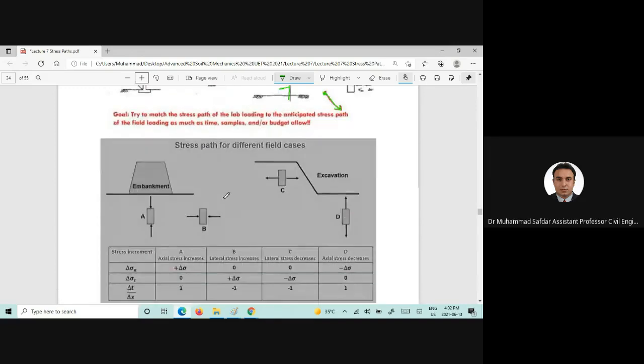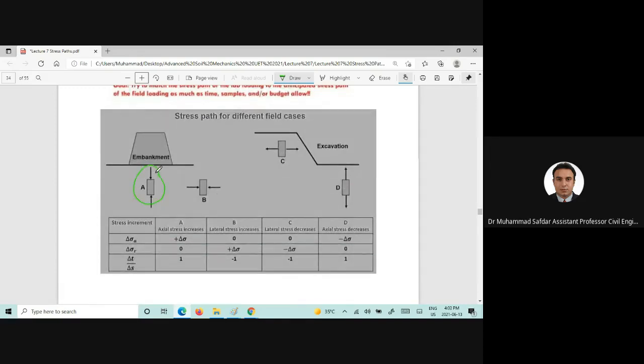Similarly, various explanations are given for the soil elements beneath the embankment and a bit far from that embankment. For case A and case B, delta sigma A and delta sigma R are also provided, and the ratios delta t divided by delta s are also given to find out the slope of those stress paths.